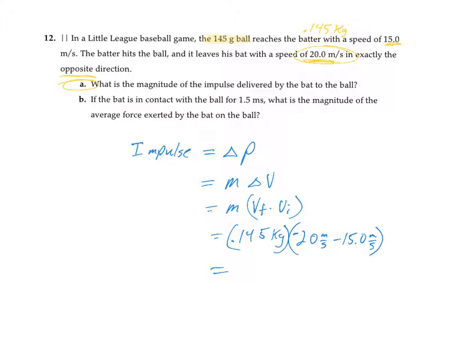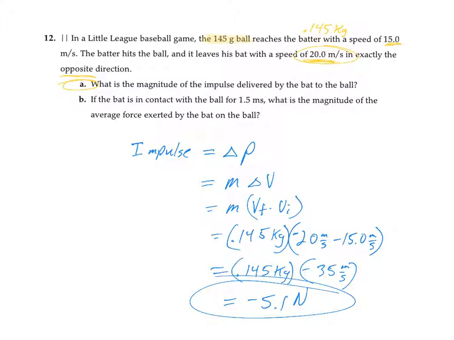And I'm going to have 0.145 kilograms, and I'm going to multiply that bad boy by negative 35 meters per second. Fire up the old calculator, and I'm going to get negative 5.1 newtons. Woo woo.